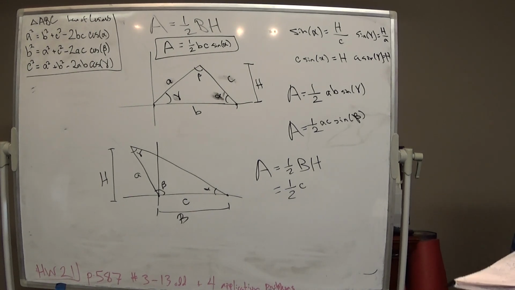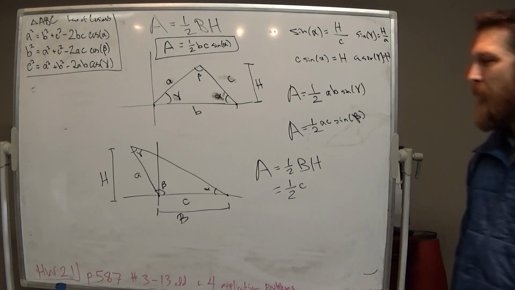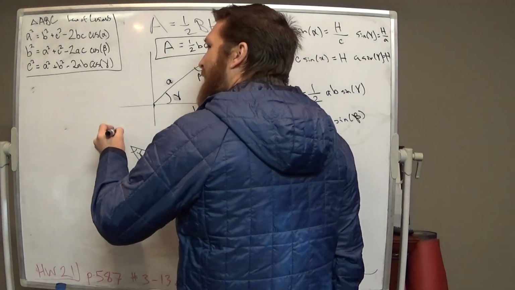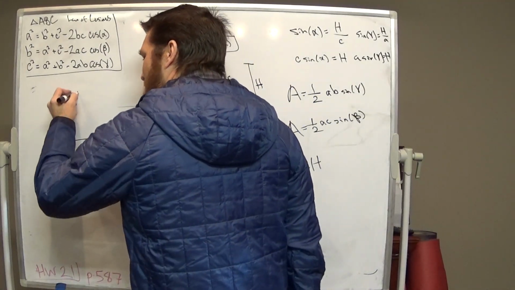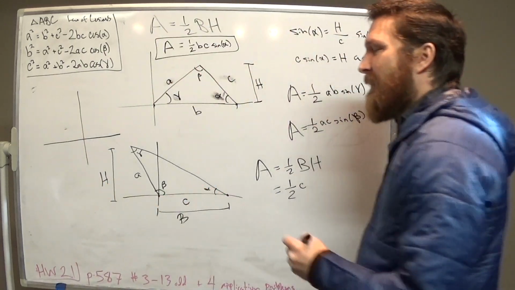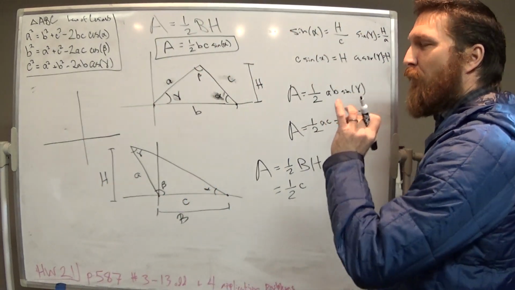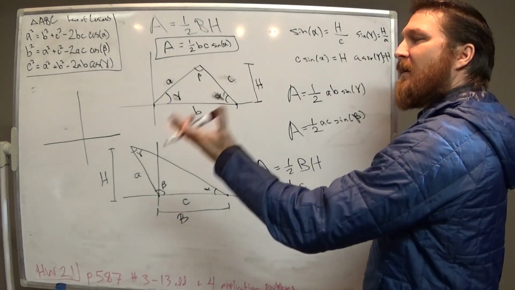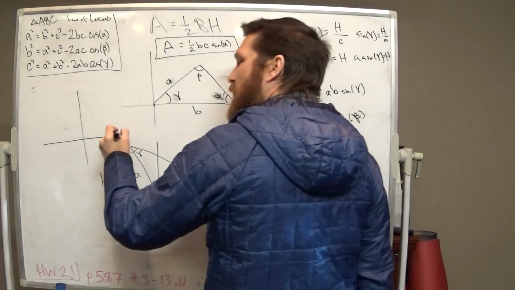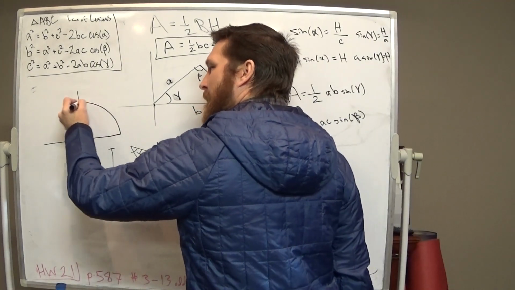Oh, wait, no. So remember how we defined the trig functions for angles bigger than 90. We did this on the unit circle, right?